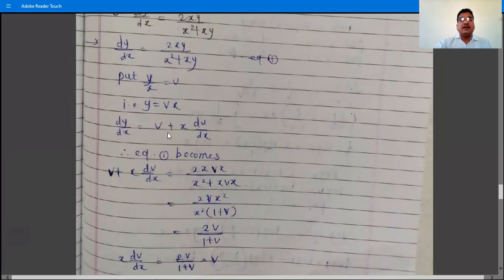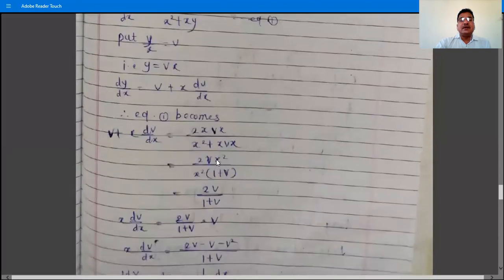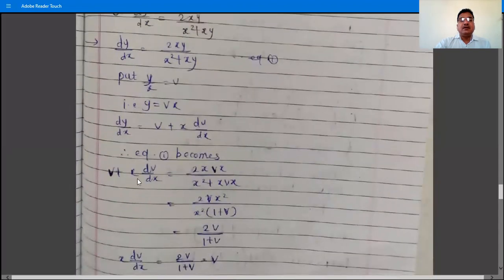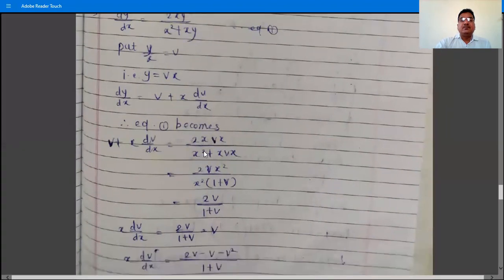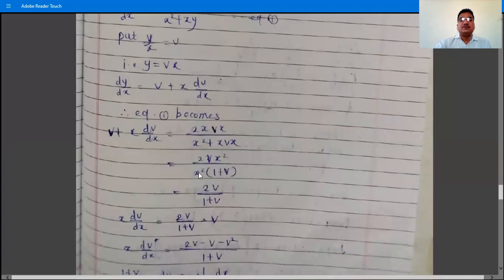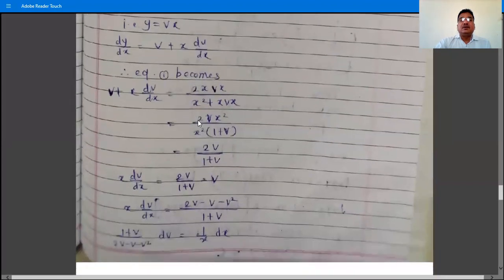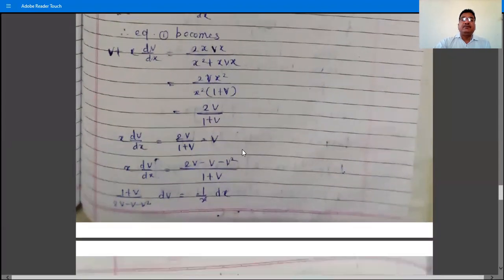And therefore dy by dx is equal to, by the product rule, v times the derivative of x which is 1, plus x dv by dx. Then equation 1 becomes, substituting these values in equation 1, v plus x dv by dx is equal to 2x times vx divided by x square plus x times vx. After simplification, 2v x square, take x square as common, 1 plus v, then cancel x square.